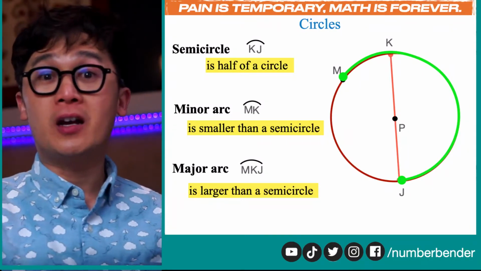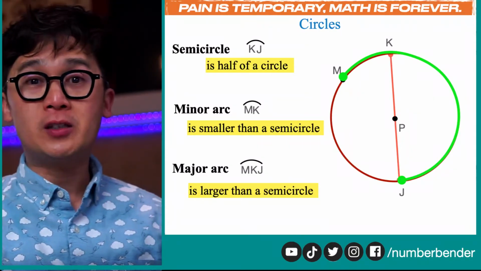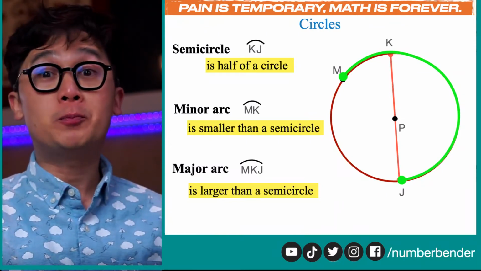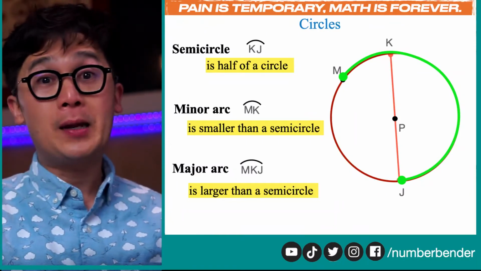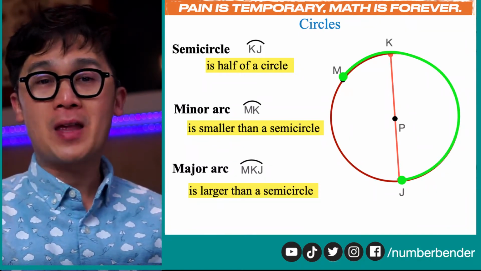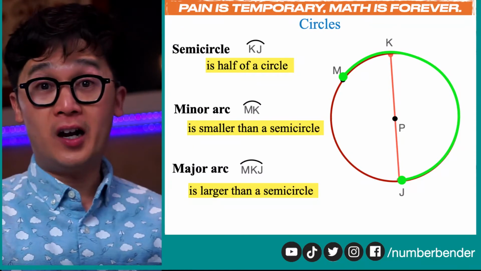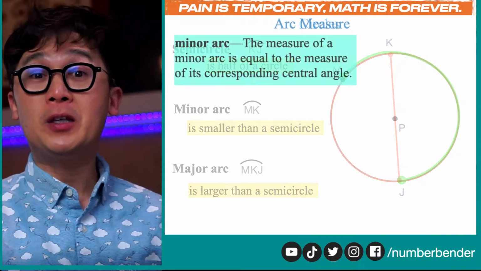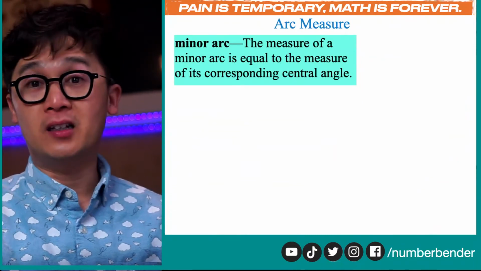So we can use 2 letters or 2 endpoints, or we can also use multiple endpoints or multiple points around the circle depending on our illustration. So these are how we denote the arcs or curves in our circle, and we're going to be using that in our problems in a little while.